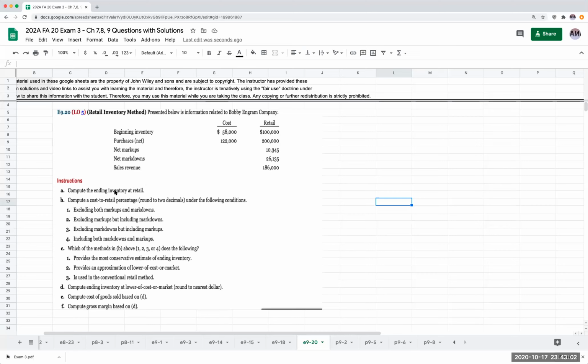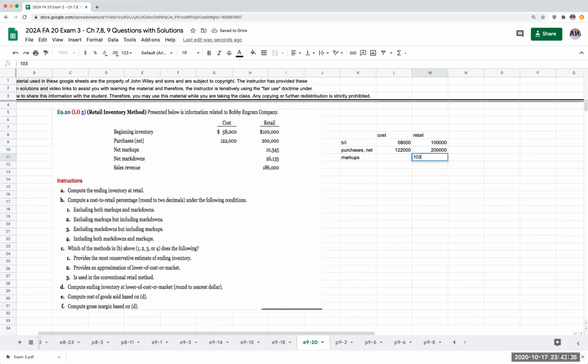So the first thing we're asked to do here is to compute the ending inventory at retail. I've got my cost and retail columns, my beginning inventory, and my purchases, net. And so for my ending inventory at retail, I'm going to add in markups.